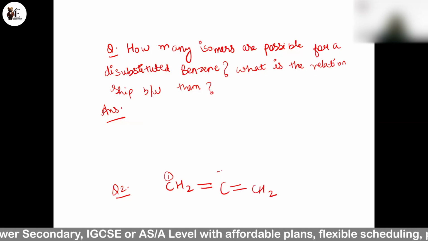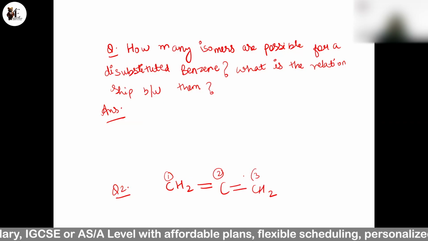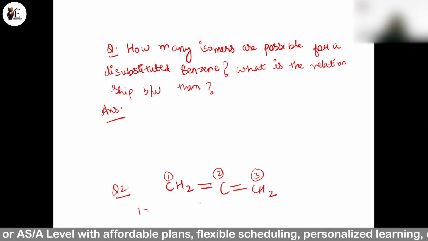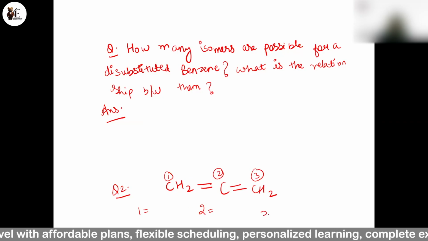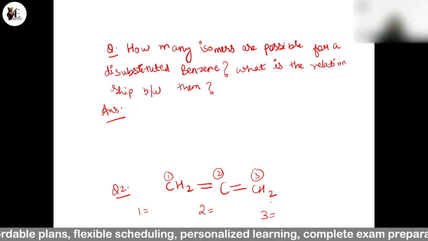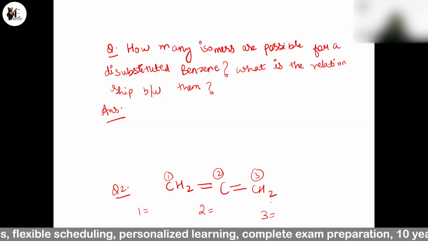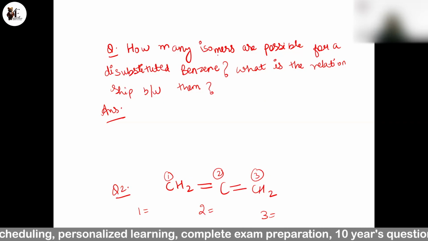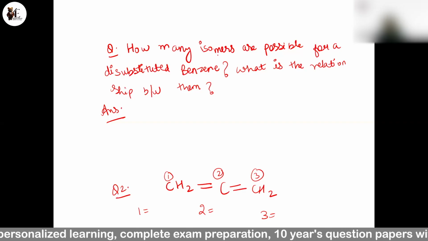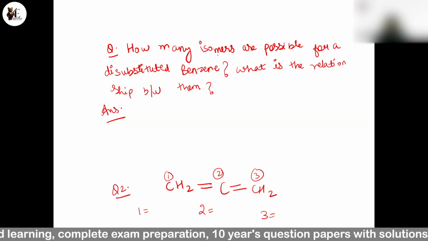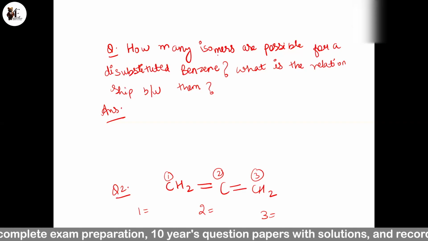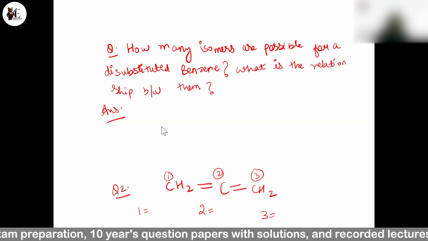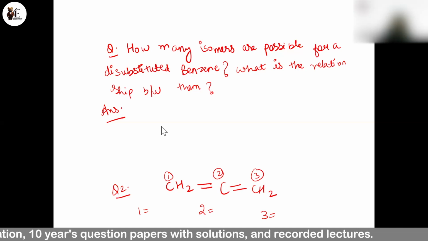Question number 2, you have 3 carbon atoms. You have to tell me the hybridization of all these 3 carbon atoms. sp, sp2 or sp3. Solve it. Done.